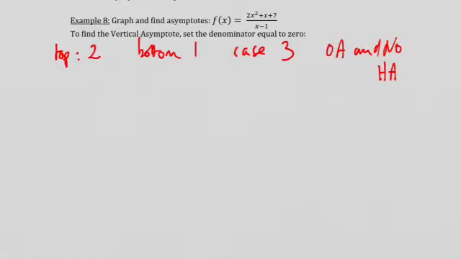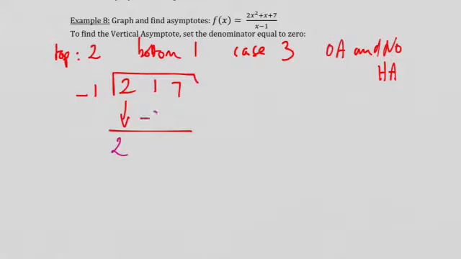And to find the answer, we are going to use synthetic division and divide 2x squared plus x plus 7 by x minus 1. Using synthetic division, I take 1, and I have decreasing exponents in x squared, x, and the constant. So I take the coefficients 2, 1, and 7. I bring down the 2. 1 times 2 equals 2. I add, so 1 plus 2 equals 3. 1 times 3 equals 3.